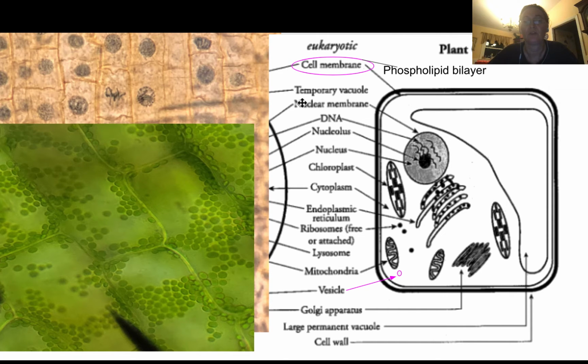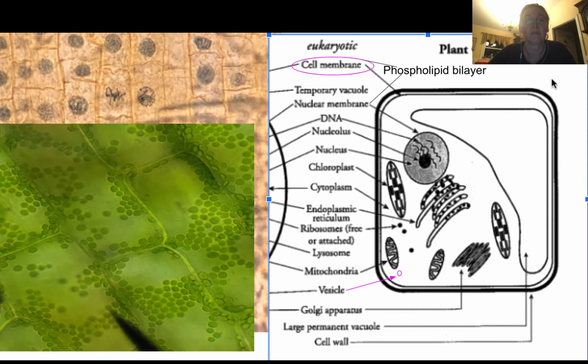Next is nuclear membrane. As we know, eukaryotes are defined by having a membrane-bound nucleus. And you know what that membrane is made of? You got it. That membrane is made of a phospholipid bilayer. So lots of the structures we are learning about and will learn about have membranes around them or in them.